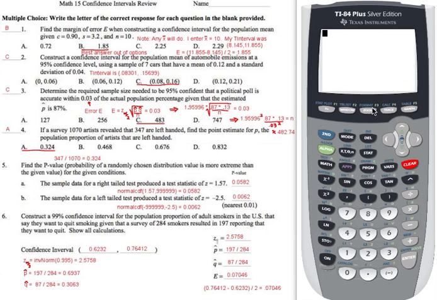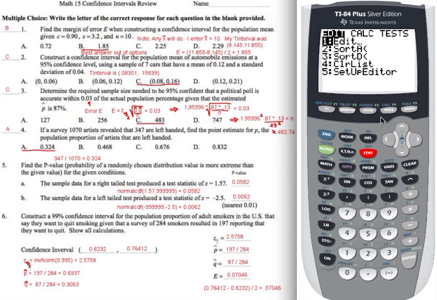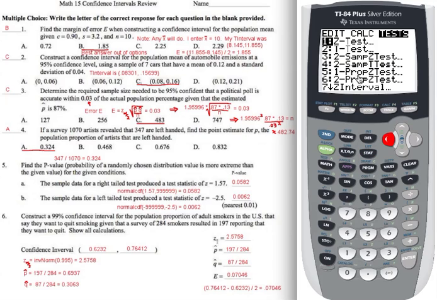So to get a confidence interval on our calculator, we use the stat button, and most of our intervals and hypothesis testing problems are going to be accessed through the test menu, so I left arrow to test. And notice there is no t-interval, which I typically use for a confidence interval for means, but if I arrow down to the next option after 7, I see that option 8 is t-interval, so I could either hit the number 8 or hit enter at this point.